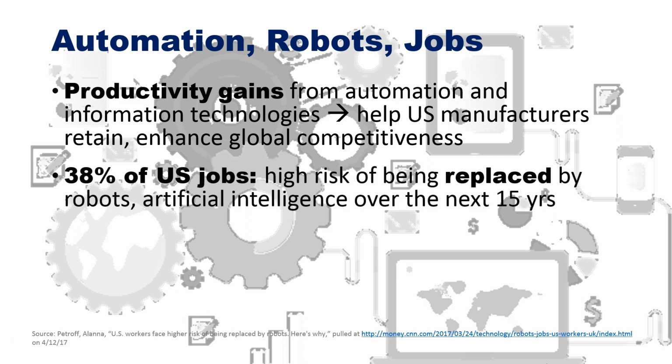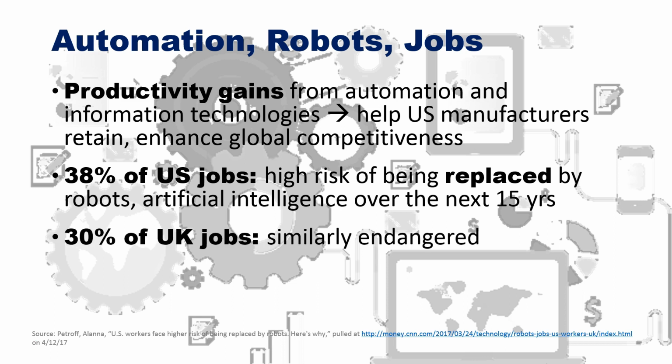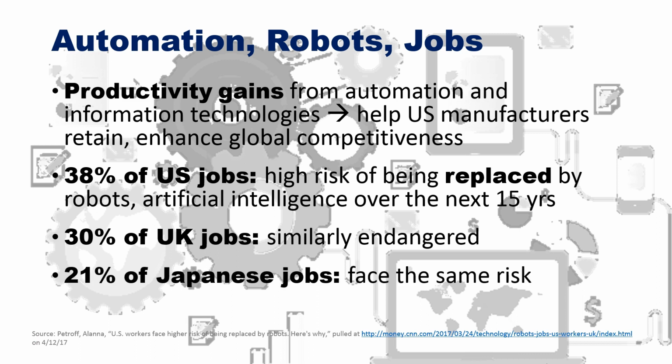All right, this is interesting though. In this age of automation, 38% of U.S. jobs are at risk of being replaced by robots and artificial intelligence, also known as AI, over the next 15 years. Only 30%, still a large number but significantly less, of United Kingdom jobs are similarly endangered, and 21% of Japanese jobs face the same risk.